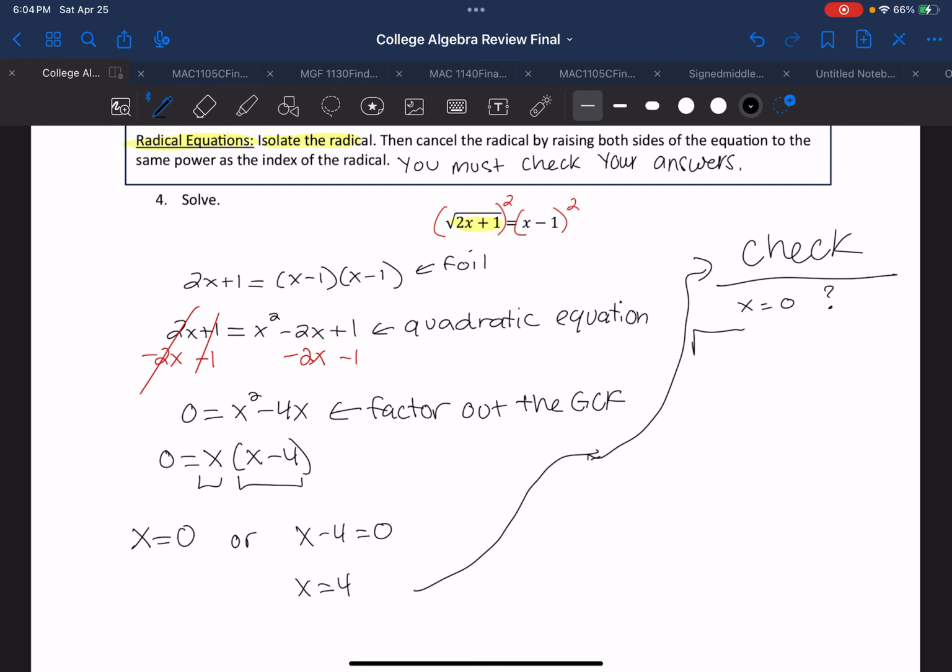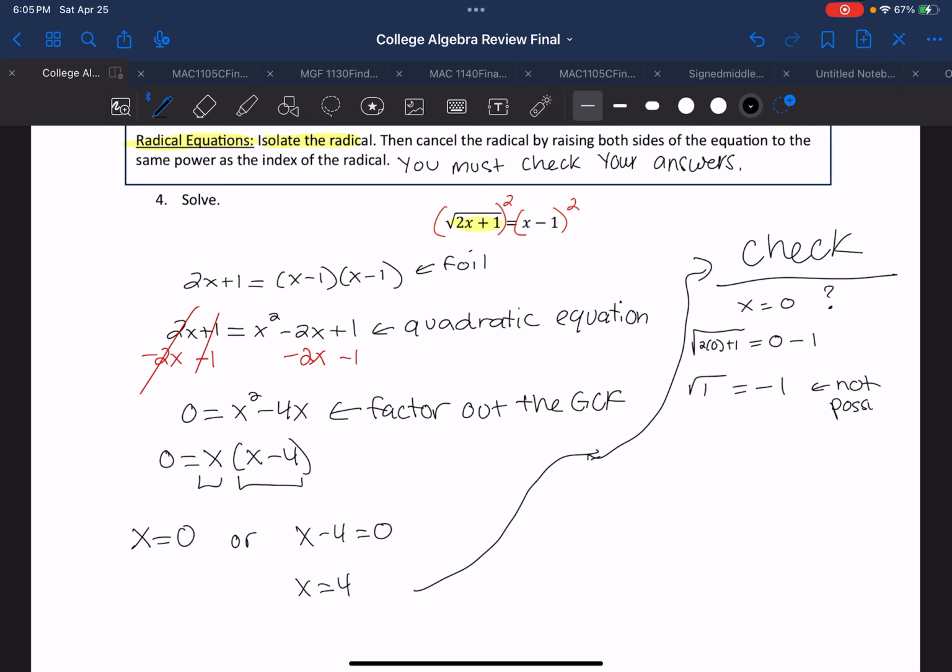So this would be the square root of 2 times 0 plus 1 is equal to 0 minus 1. If I plug 0 in for both of the x's into the original, 2 times 0 is 0, so that'll leave me with the square root of 1 is equal to negative 1. But the square root of 1 is not equal to negative 1. When we take the square root of 1, we only ever consider the positive one. So this is not possible.